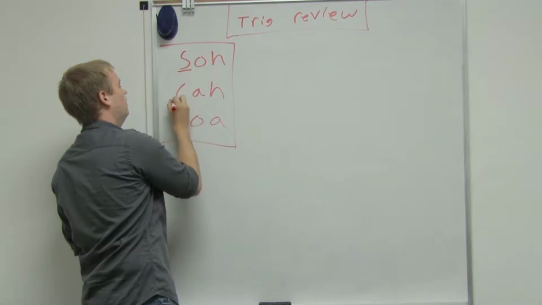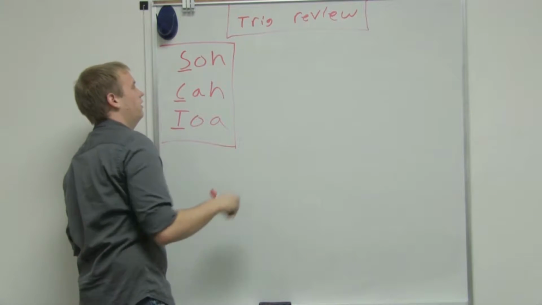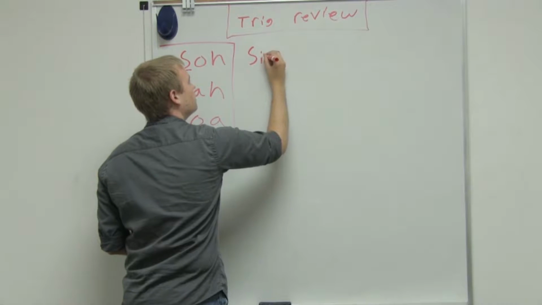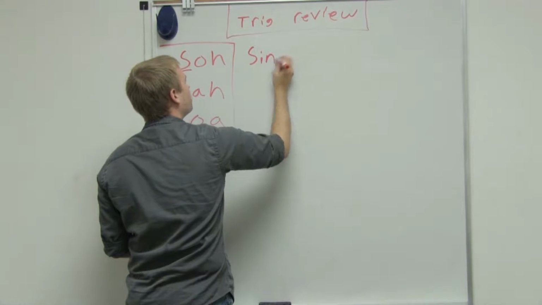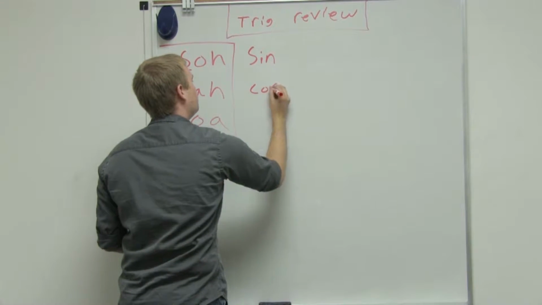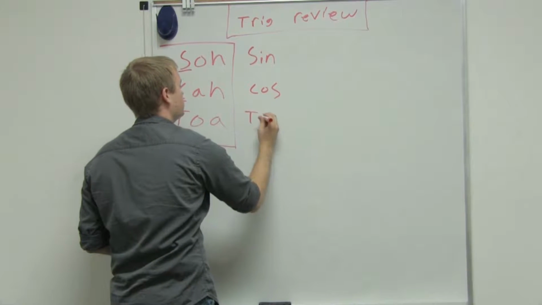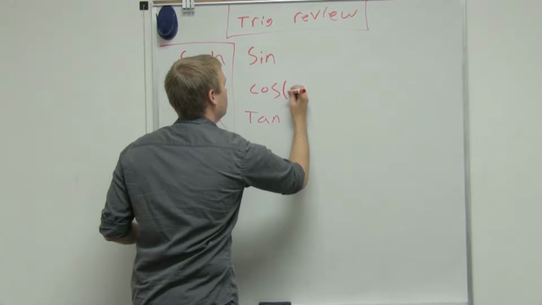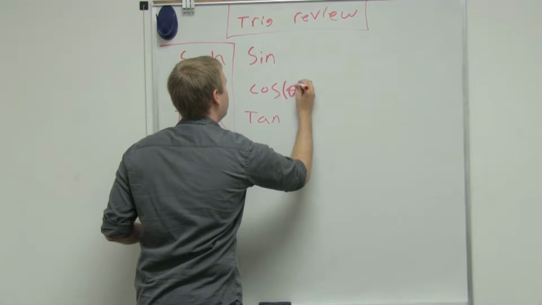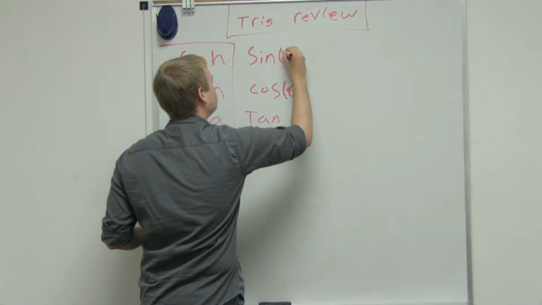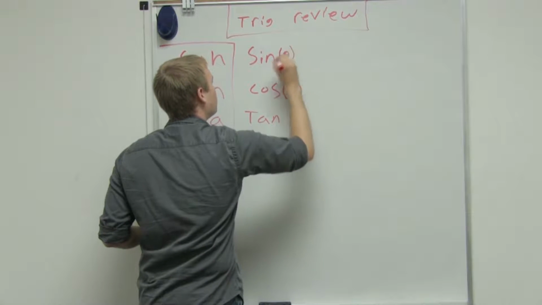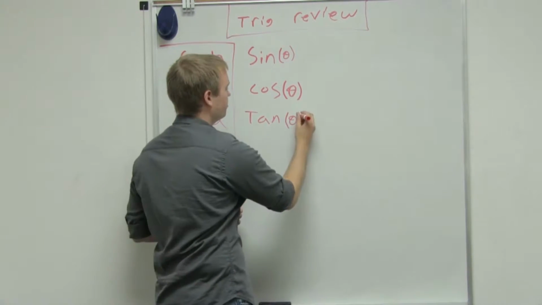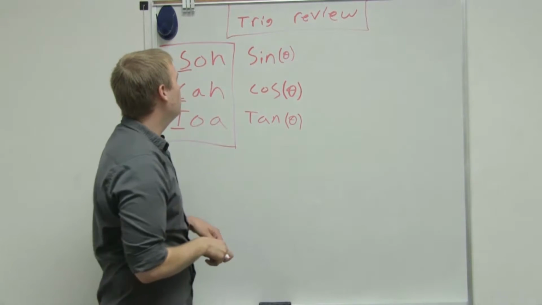If you look at the first letter in each of these, it is sine for S, cosine for the C, and then tangent for the T. And here we always put this theta right here, and theta is our angle. So whenever we're working with these, we're using angles.